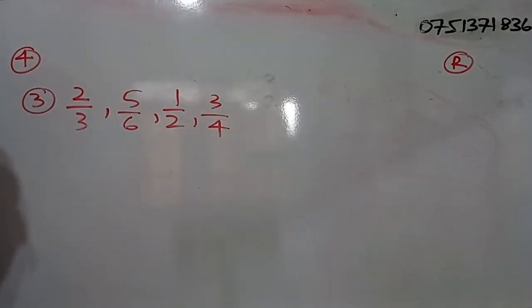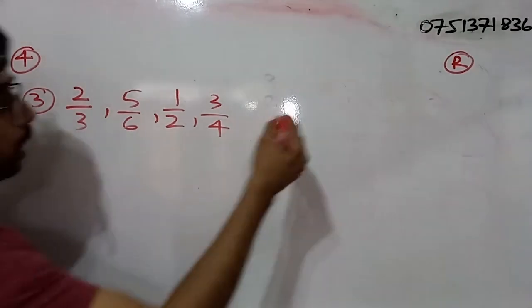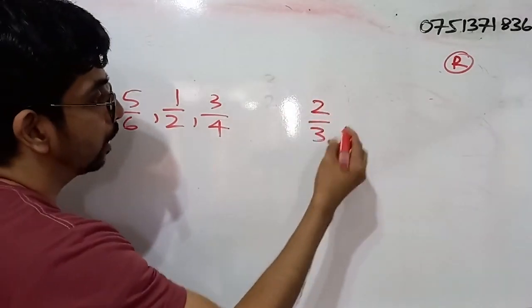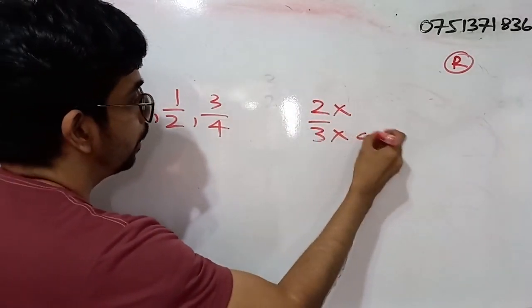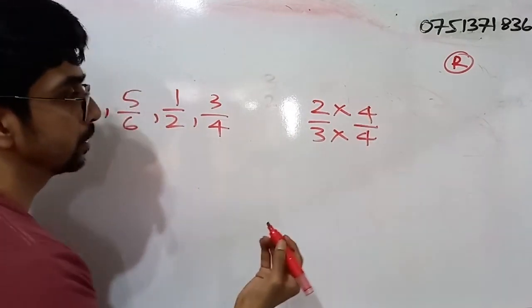Then what do we have to do? We have to come up with the common denominator. Right? So what is the LCM of 3, 6, 2 and 4? So I'm going to pick 12, right? Okay.